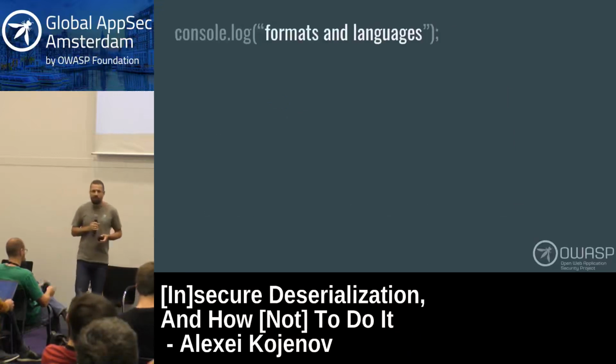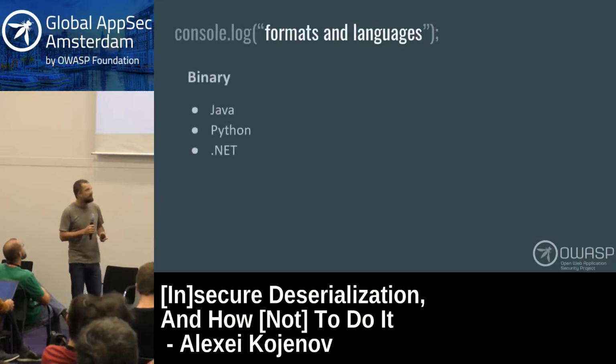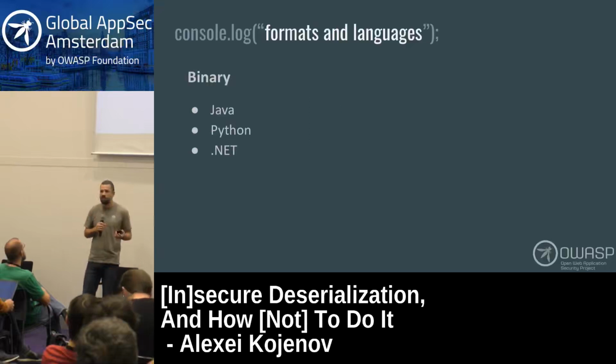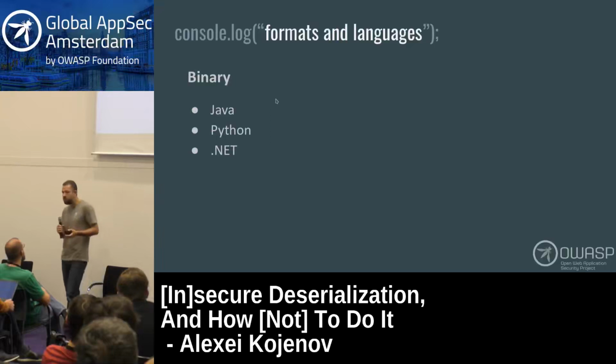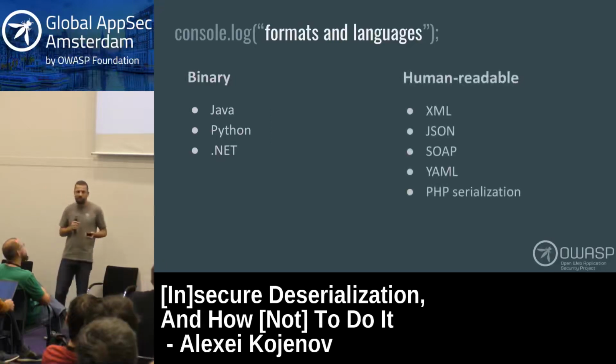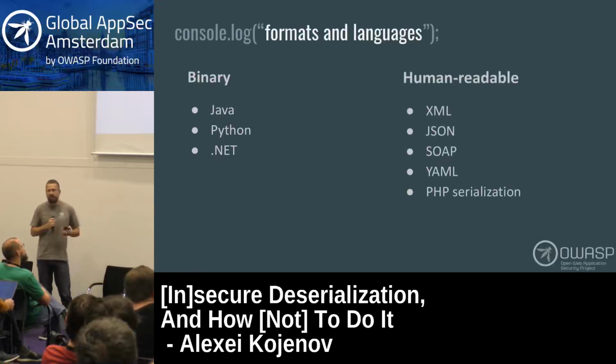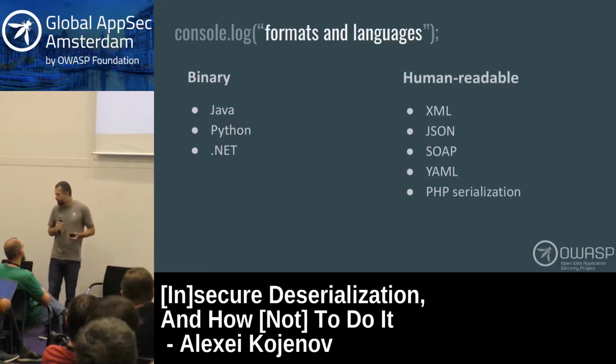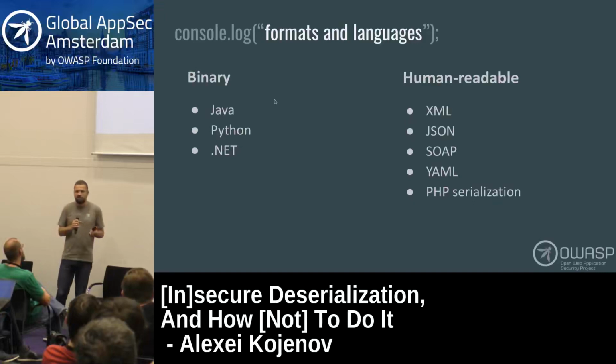In terms of different formats and languages, we can talk about binary formats, and those are normally related to languages that support serialization natively, like Java, Python, or .NET. And we can also talk about human-readable formats, like XML or JSON or any XML-based formats. If you look at the XML, it's basically some kind of an object, right? It has tags, it has attributes, it has some data, and it's human-readable.